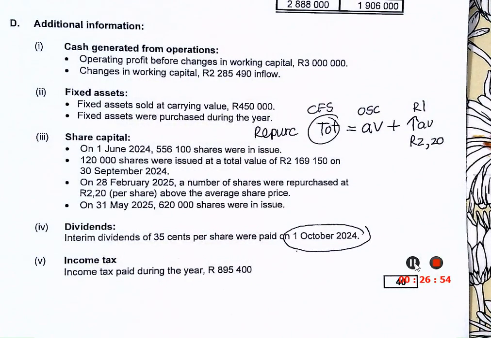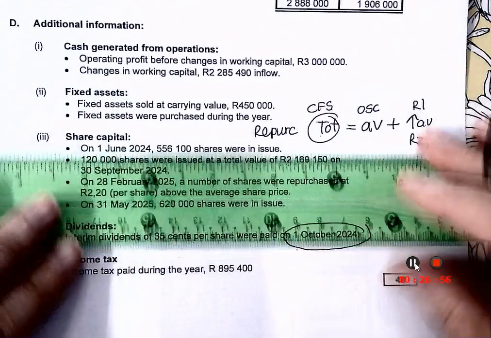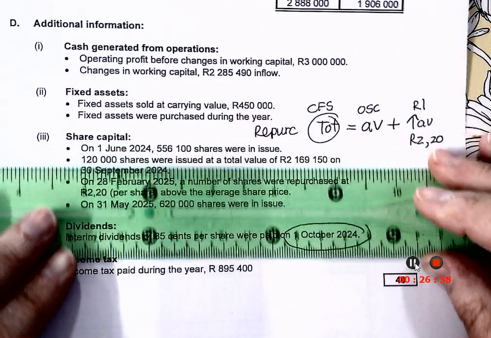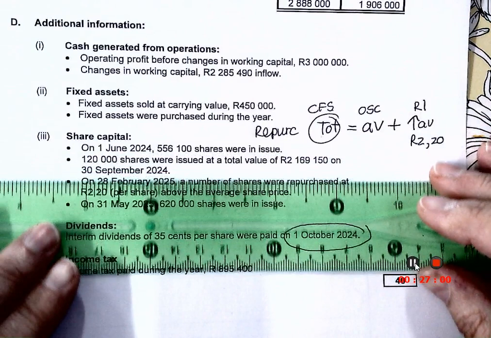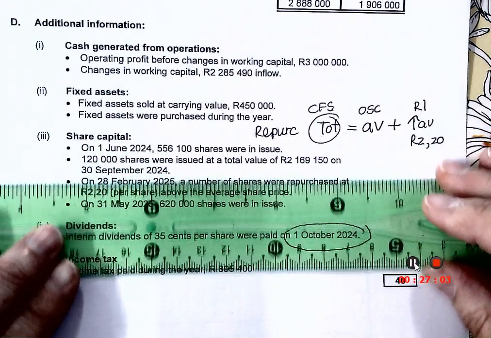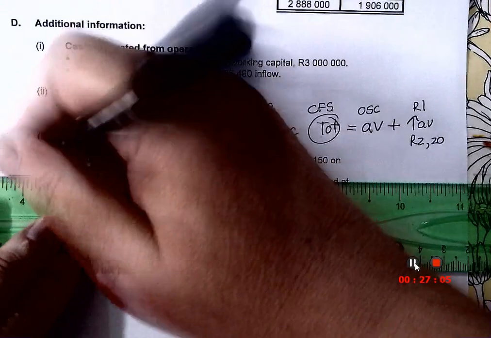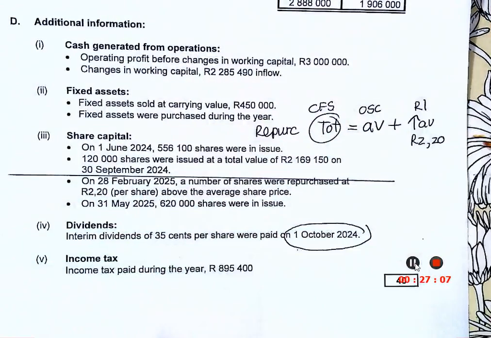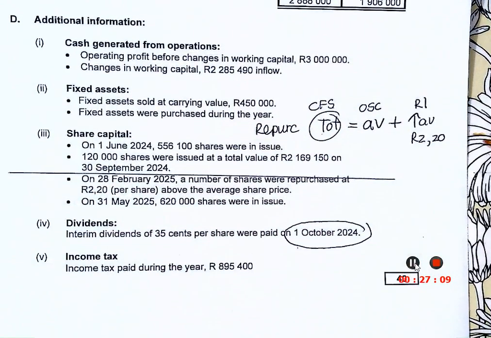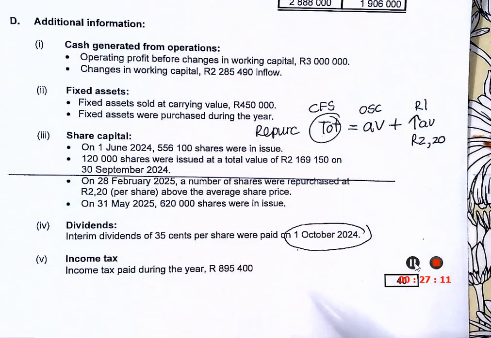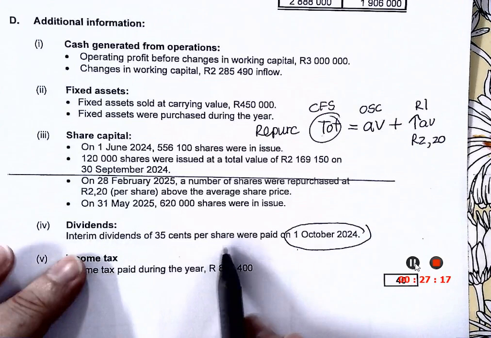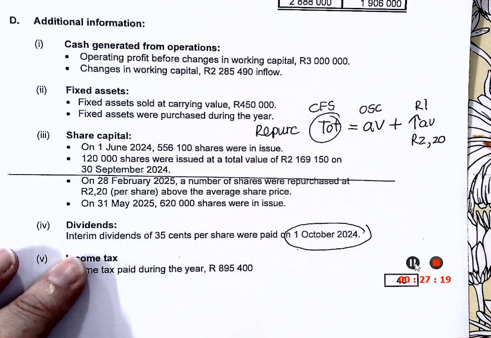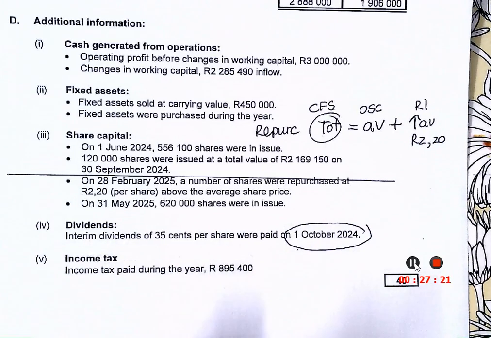Can you see there's 1st of June, there's 30 September, there's 28 February. Can you see they declared it there? So how many shares were in issue when they declared the interim dividends? And can you see they didn't say the new shares don't qualify for it. They don't say that. So let's quickly look.